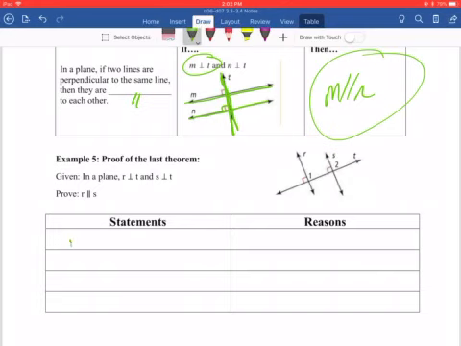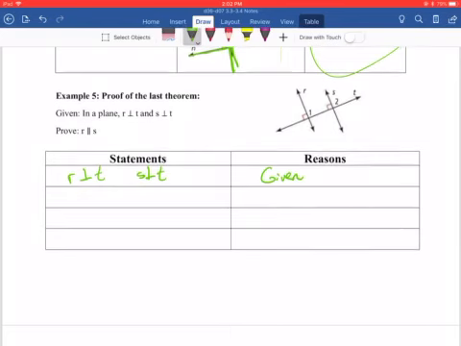So, given R is perpendicular to T, S is perpendicular to T. You could put that as one step or two, it doesn't matter. Now, if I tell you something's perpendicular, what does that mean to you? Let's say that it makes a right angle.